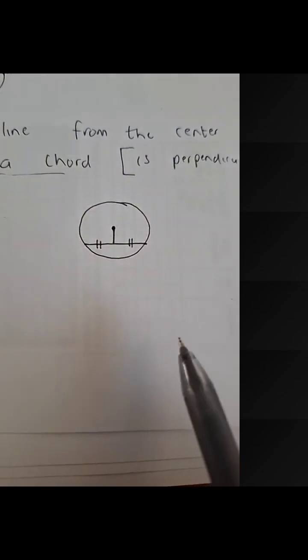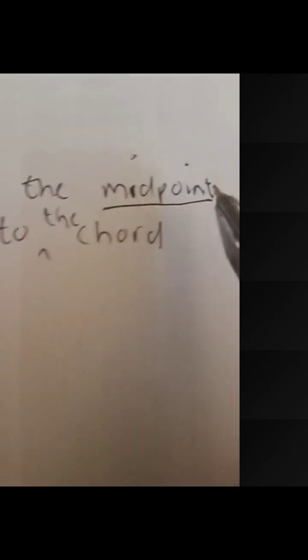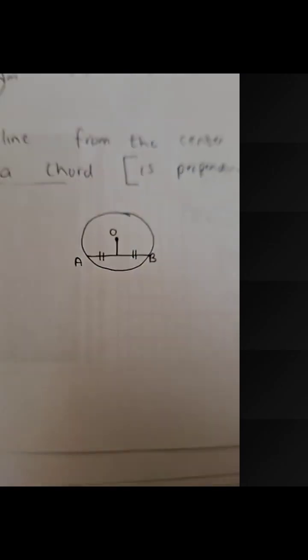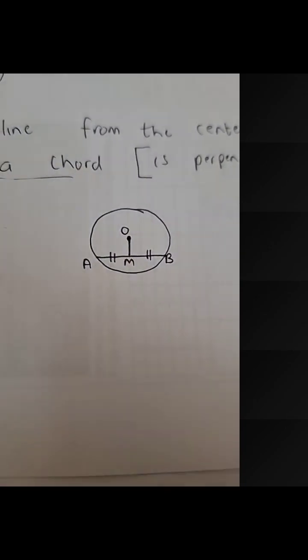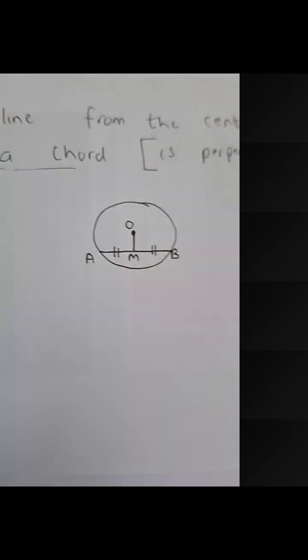You see how different the statement is here. It says a line from the center to the midpoint of a chord. So this obviously is a chord. This line from here to there, that is our chord. So let's just say it's chord AB. O for our center, and let's use another letter here. Let's say M. Now from the statement, this is my drawing, the if part of the statement.